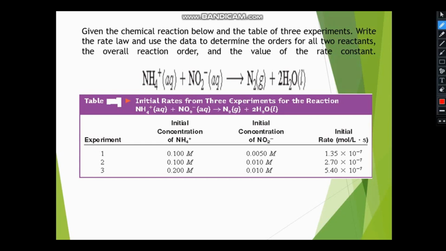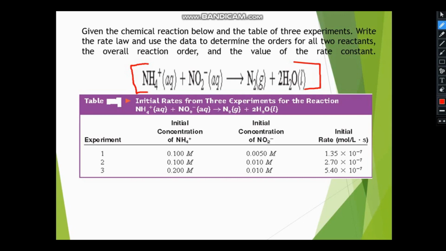So we have this reaction here where NH4 plus is reacting with NO2 minus to give us a nitrogen gas and water.